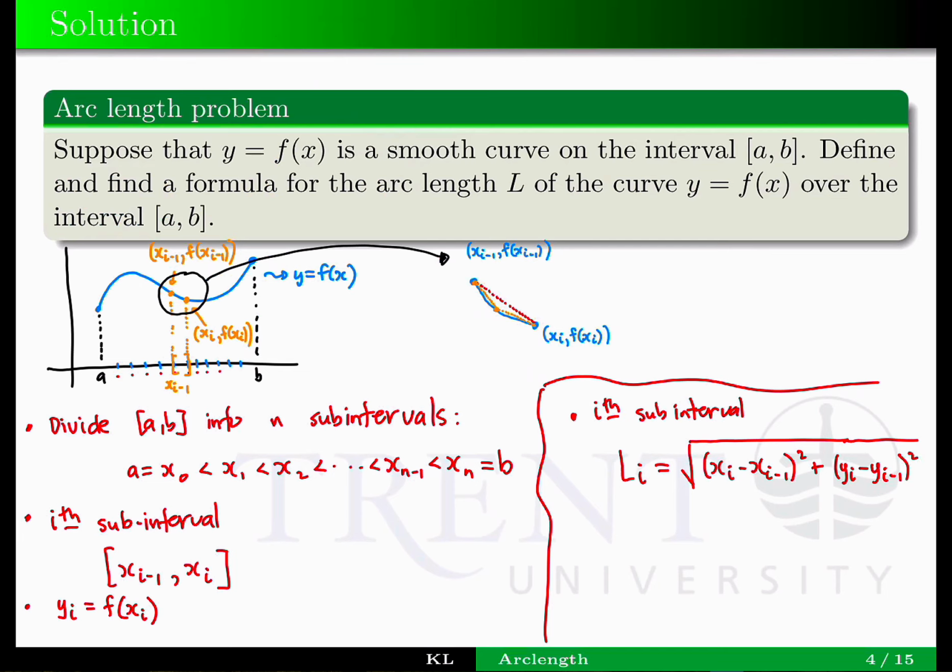That's the length of the line joining the two points.